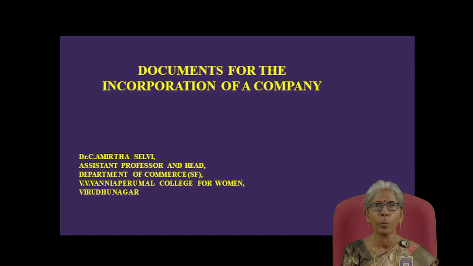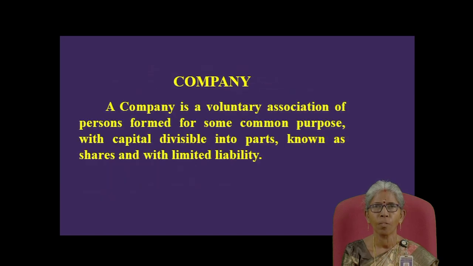In this video, I am going to describe the documents required for the incorporation of a company. First, we have to know what is a company. A company is a voluntary association of persons formed for some common purpose with capital divisible into parts known as shares and with limited liability.